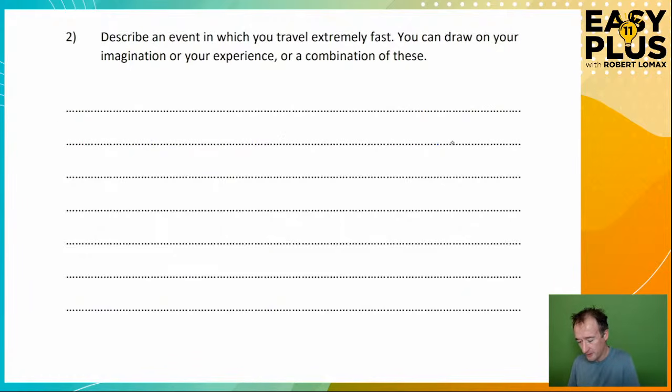So I was coming up with these examples just before the start of this lesson. And I thought, when would I be traveling really fast? I could be in a sports car. I could be skydiving. And then I thought, human cannonball just came into my mind. I thought of a circus.